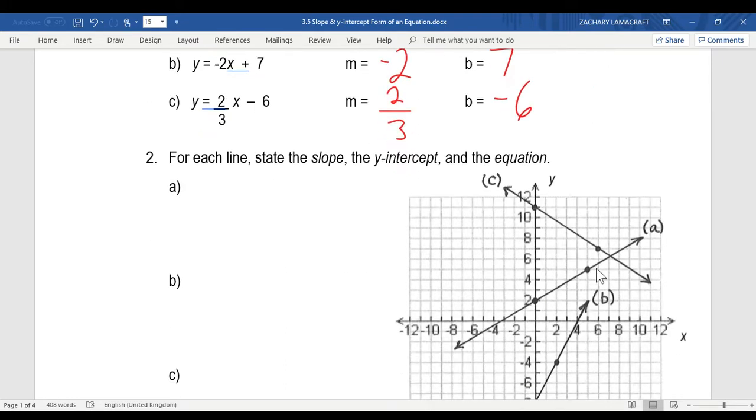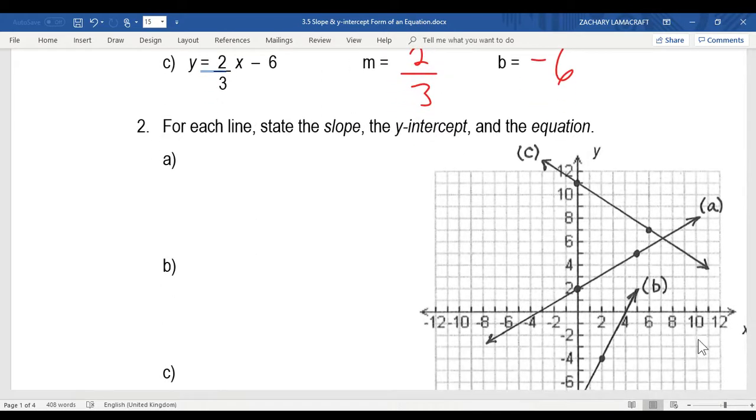So now it says for each line, state the slope, the y-intercept, and the equation. We're going to do line A first. Going to make that a little bigger so we can see. So we've got to state the slope, the y-intercept, and then the equation. So we'll do the slope first. What's a way we could do the slope here? How can we figure out the slope of that first line?